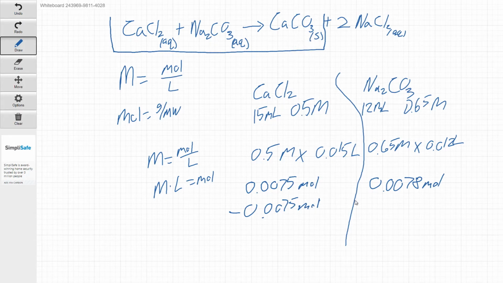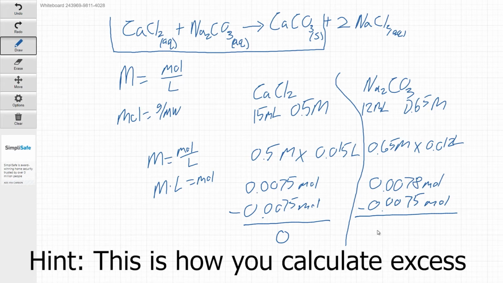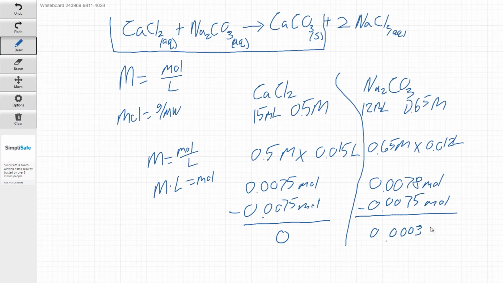What it also means is I would have reacted another 0.0075 moles of sodium carbonate, because again, this is a 1 to 1 ratio. So for every 1 mole of calcium chloride I react, 1 mole of sodium carbonate, and I make 1 mole of calcium carbonate. So you guys can see here, obviously if I react all of this it's going to be 0. If I react all of this, we're going to have a little bit left. We're going to have 0.0003 moles.